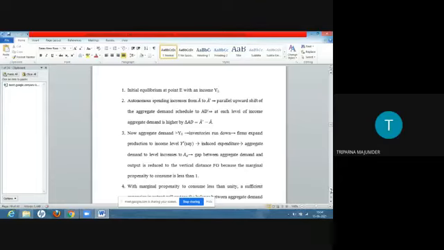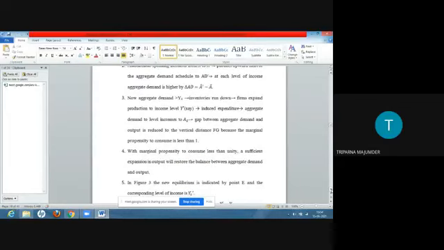This induces induced expenditure, which leads the aggregate demand level to increase to AG. The gap between aggregate demand and output is reduced to the vertical distance FG because the marginal propensity to consume is less than 1. With marginal propensity to consume less than unity, a sufficient expansion in output will restore the balance between aggregate demand and output.